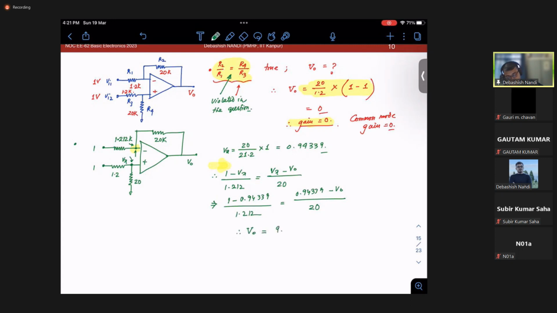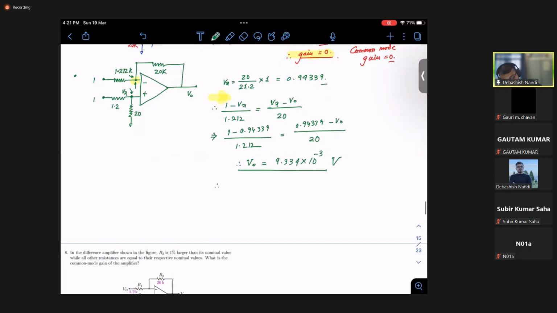Your input was 1, right? So this itself is the gain. So what is your common mode gain? Your common mode gain is simply 0.009334. Okay. So this is your right option. This is how you find out the common mode gain.